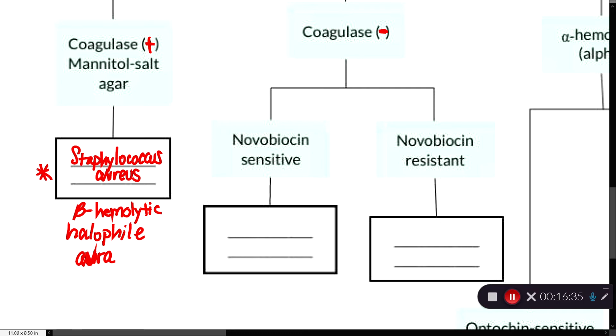Both of these coagulase negative staph are going to be non-hemolytic, and they're both going to appear white on mannitol salt agar because they do not ferment mannitol. But what's interesting is they are both urease positive, which means they have an enzyme that's going to hydrolyze urea.